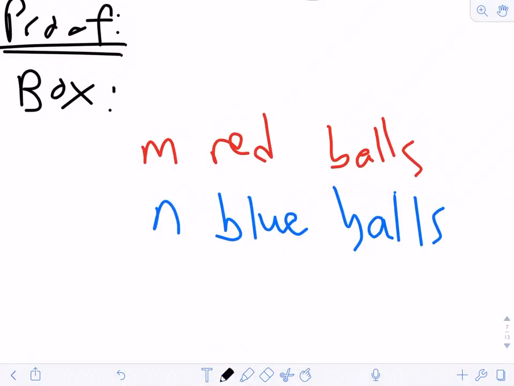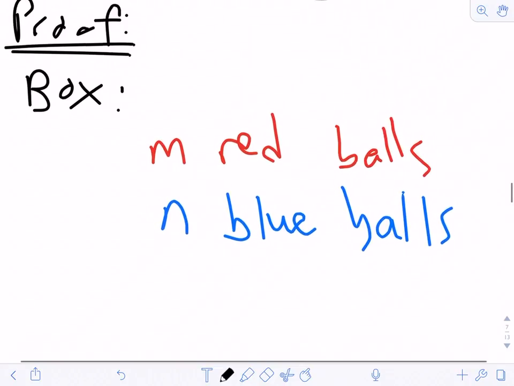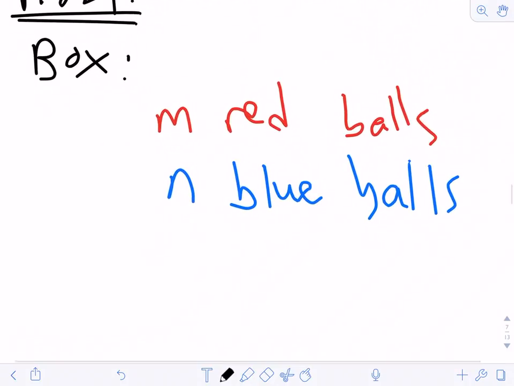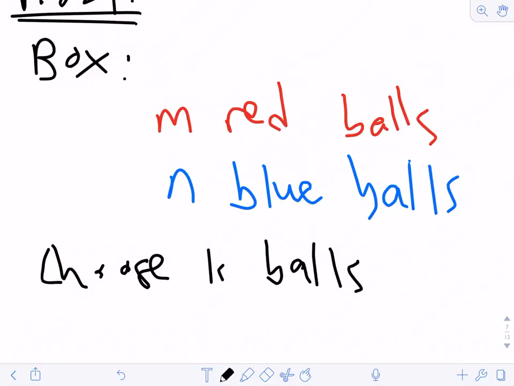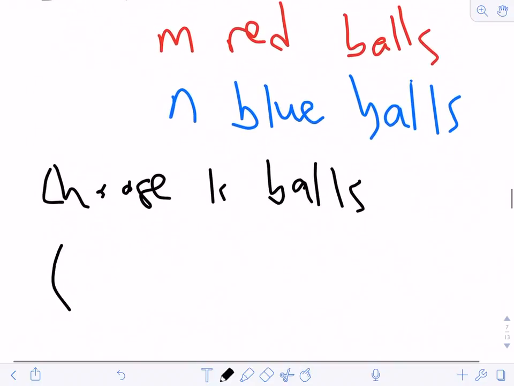So you have m red balls and n blue balls, and in this box there are a total of m plus n balls, and you want to choose k balls. Well, there are obviously m plus n choose k ways to do so.